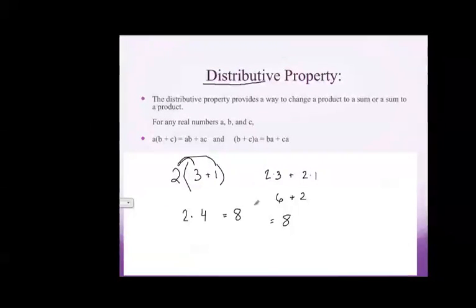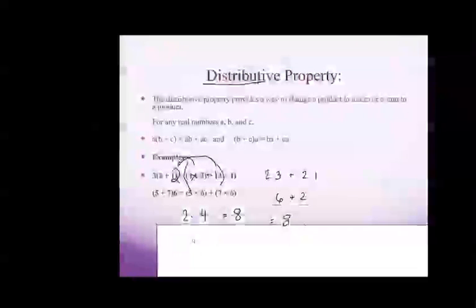So you see that these are equal. You're really going to use the distributive property a lot if instead of this 3 right here, you had an x. If this was an x right here, you definitely need that distributive property before you're able to go on and solve any sort of equation.